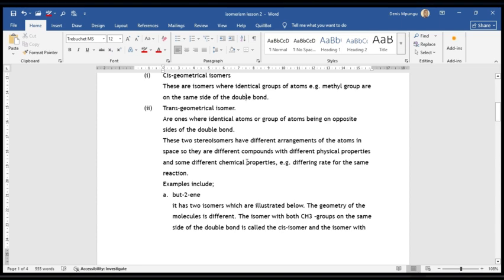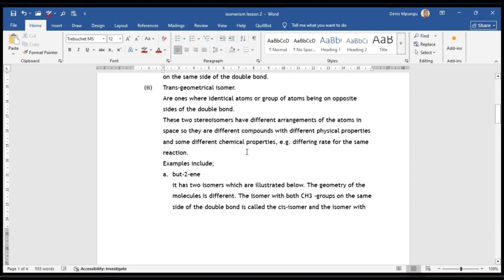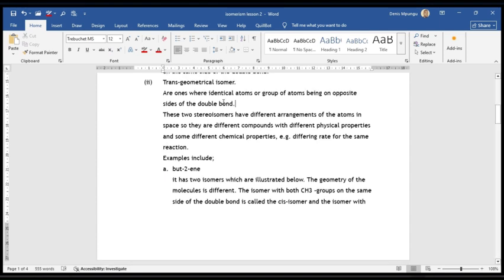I've said clearly the two carbon atoms with the double bond should have different atoms on them. Let's say on one carbon, if there is a hydrogen, there has to be a methyl group CH3 on the other, but not hydrogen. Otherwise these isomers will not be possible.